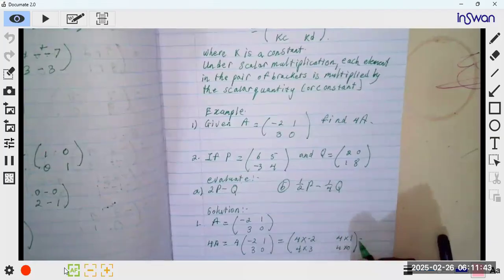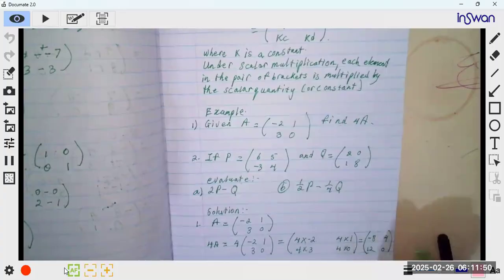The final answer here will be -8, 4, 12, and 0. And that is scalar multiplication.